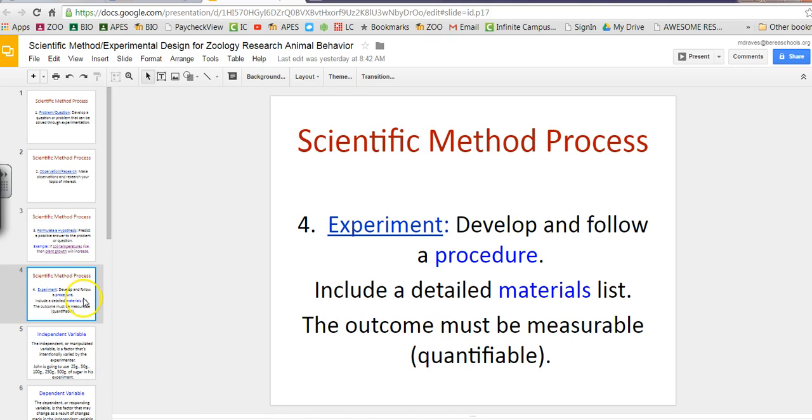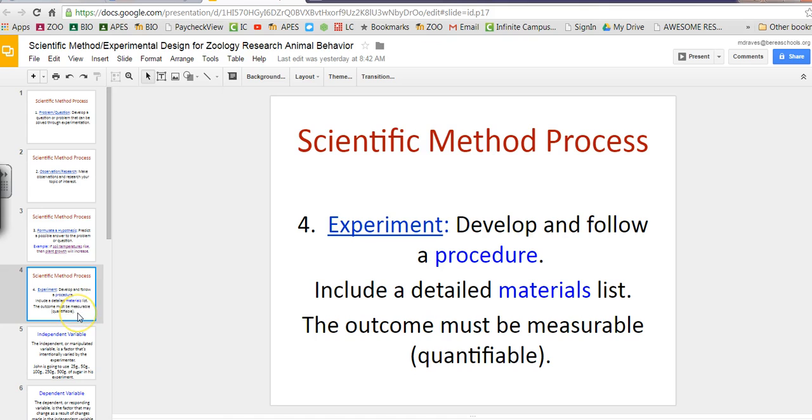And to do the experiment, you have to have a procedure. And this is really important because you want to be able to write your procedure in a way that somebody else can repeat it. So you want to be very specific. With that said, you also need to have a materials list. And so you guys will be getting a handout for your research project, and I kind of have outlined this a little bit for you to guide your thinking when conducting this experiment.